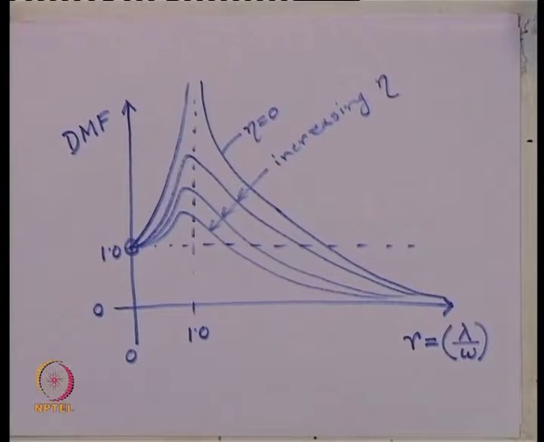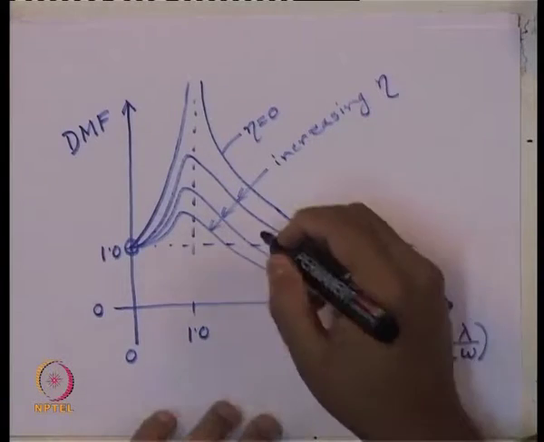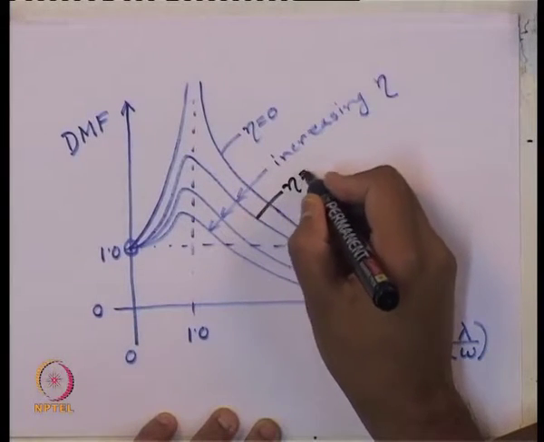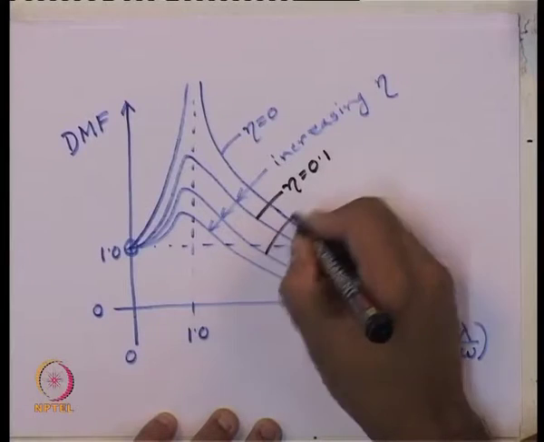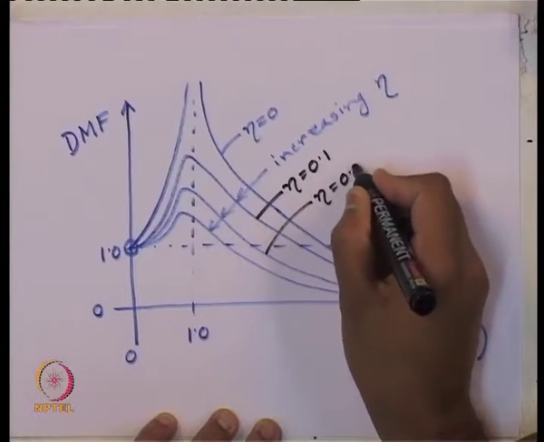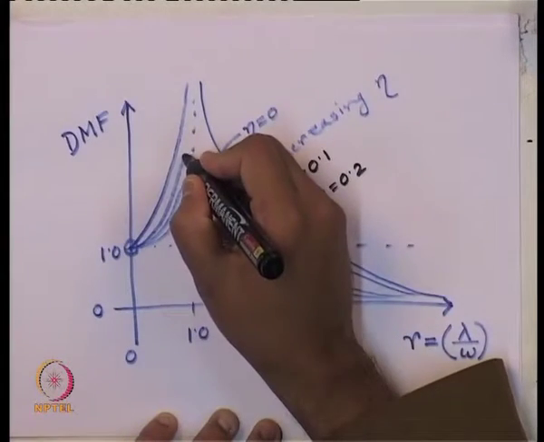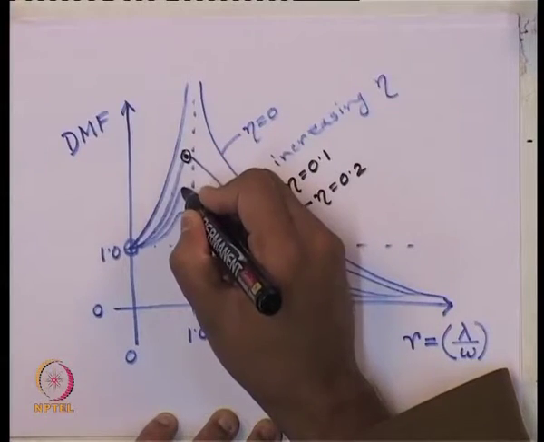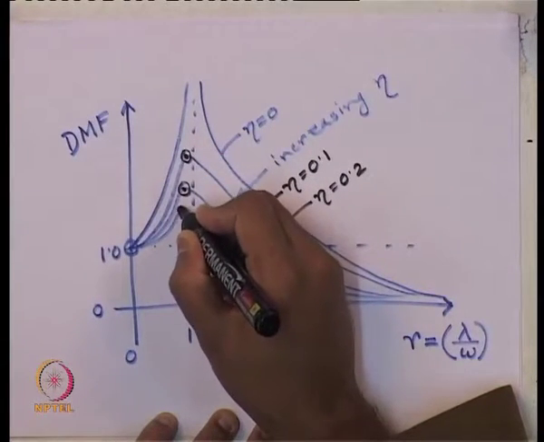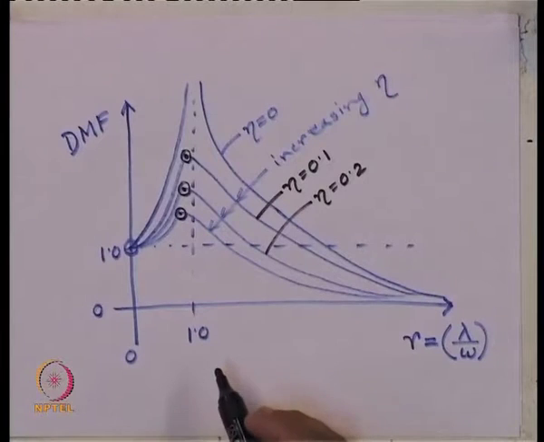So, that is what we had seen in the previous lecture. Suppose, as I said, eta 0.1, say eta 0.2, like that, and the maximum occurs just before r equals 1.